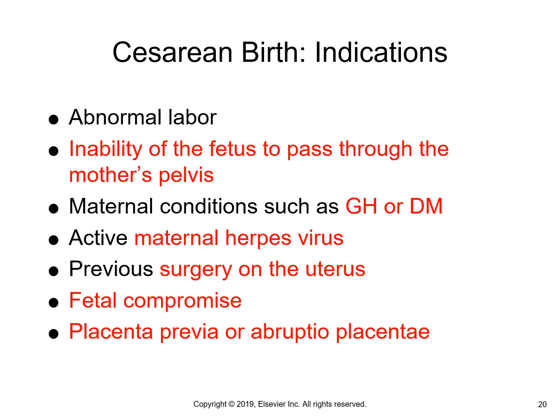Two is the inability of the fetus to pass through the mother's pelvis. Maternal conditions such as gestational hypertension or diabetes mellitus. There might be an active maternal herpes virus, previous surgery on the uterus, fetal compromise, and then you have placenta previa or abruptio placentae.